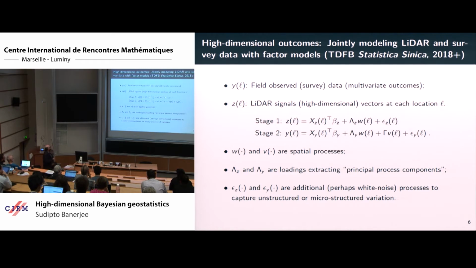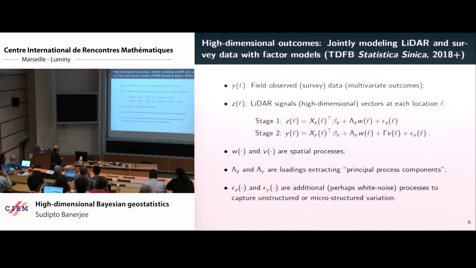But the key point is you still have processes here that you need to learn about. Here's a very simple example. We have this paper in Sinica which has the details. I won't make the modeling more complicated than this.